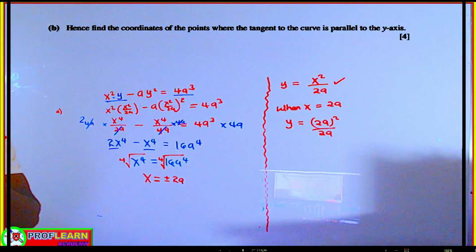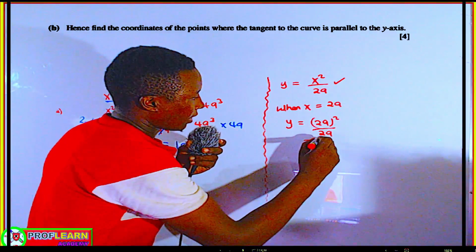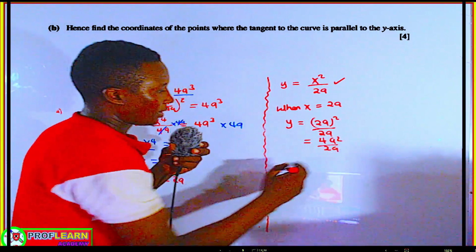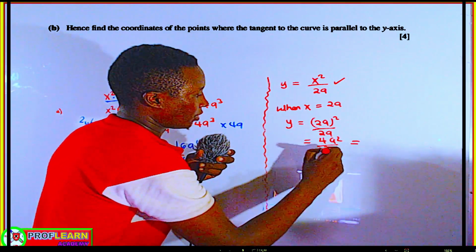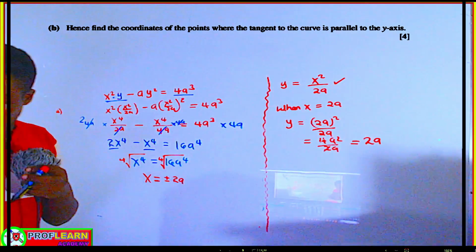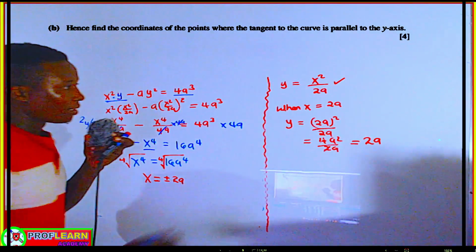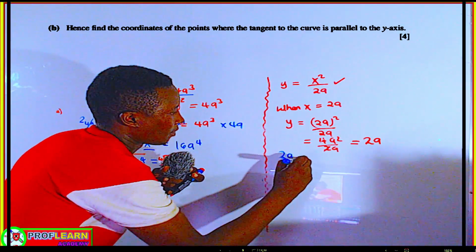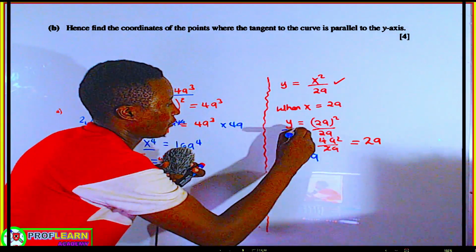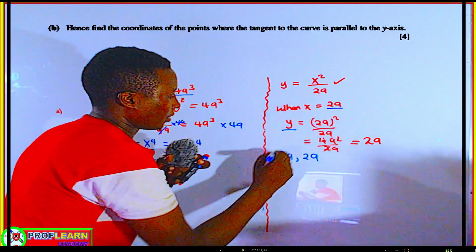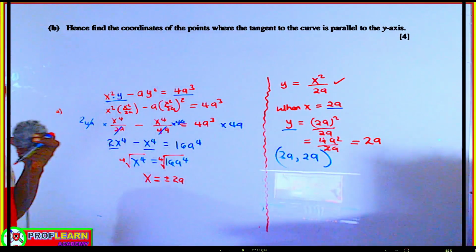This becomes 4a squared over 2a, and simplifying, we shall have 2a. So the point here becomes 2a comma 2a, because the value of y and the value of x are 2a.